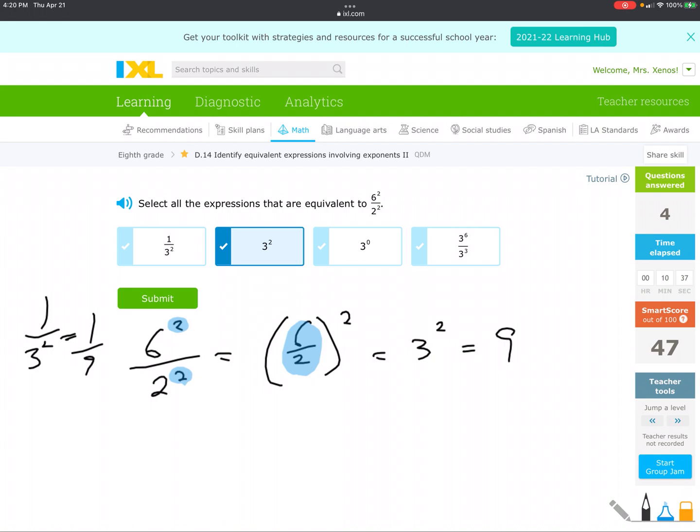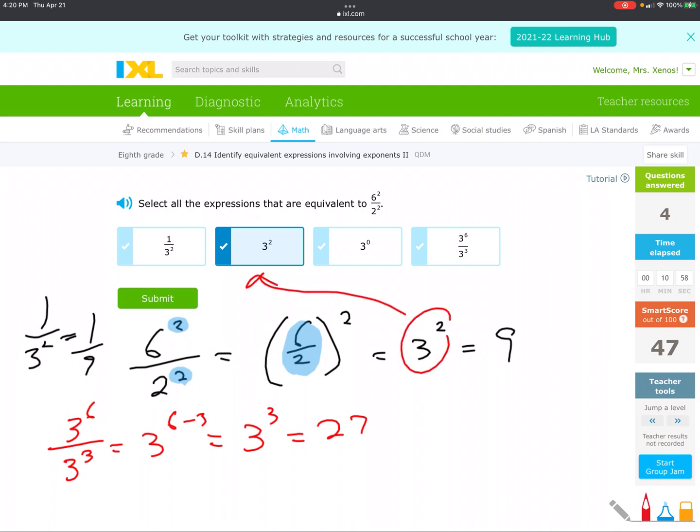Well, if we look at that one a little harder, see if we can get 9 out of that. 3 to the 6 power over 3 cubed, we would subtract 6 minus 3. Well, that's 3 cubed, which is 27. So this is not an answer. So it's just 3 squared. That's the only one that works.